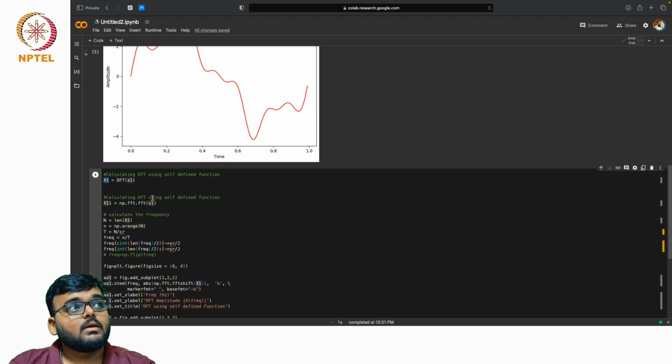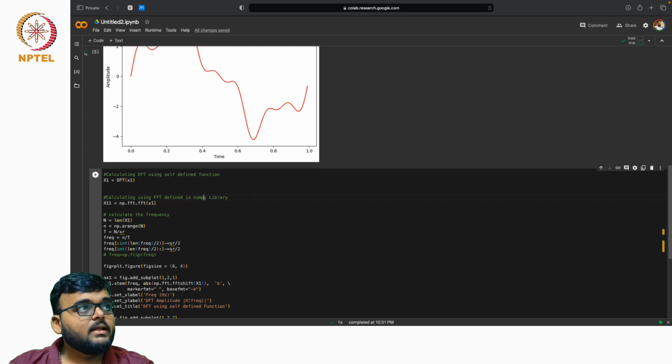Now we will use the FFT defined in the NumPy library.